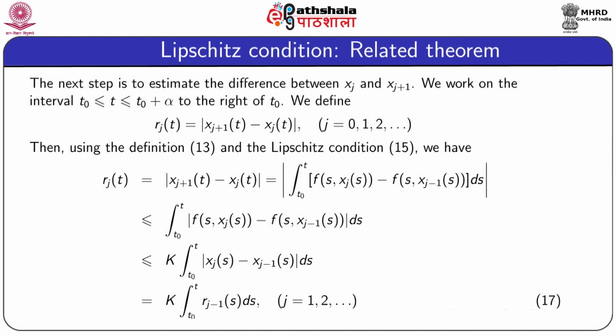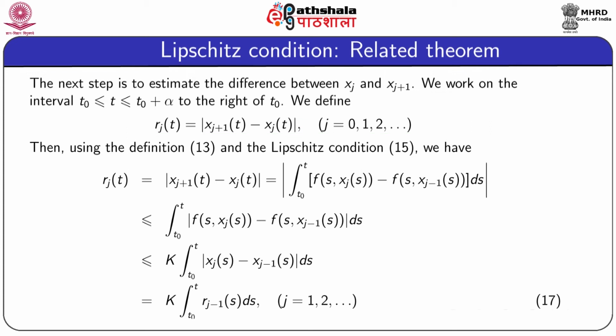The next step is to estimate the difference between x_j and x_(j+1). We work on the interval t_0 less or equal to t less or equal to t_0 plus alpha, to the right of t_0. We define r_j equal to mod of x_(j+1) minus x_j, where j equal to 0, 1, 2, and so on.